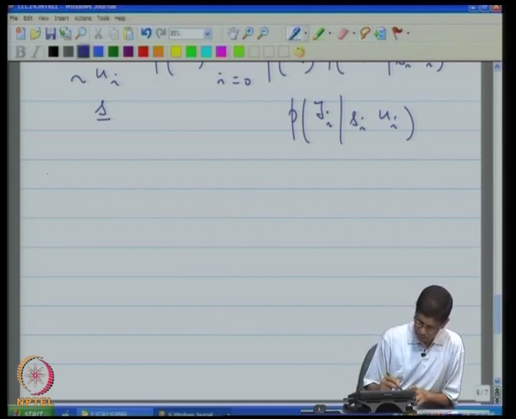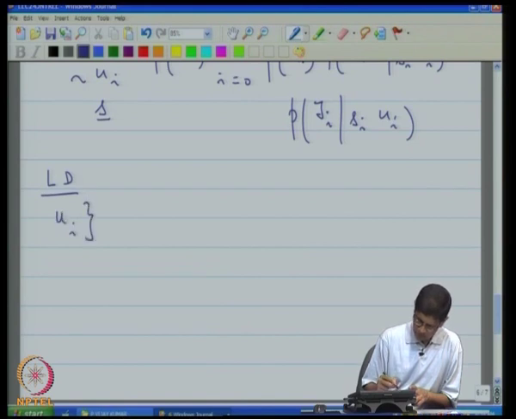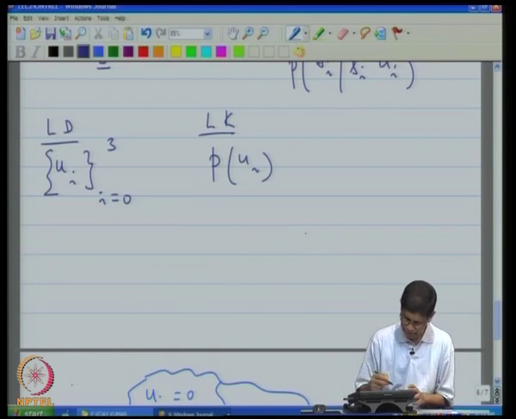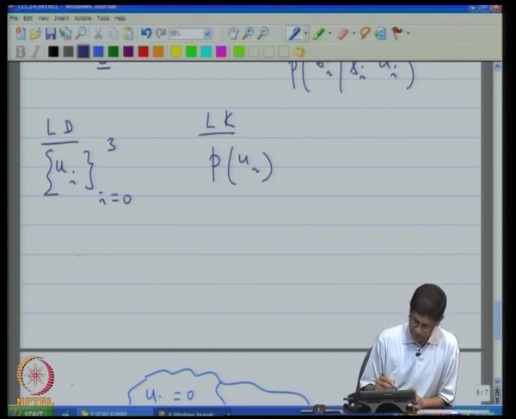So, the local domains are, in this case, the ui, i going from 0 to 3, with associated local kernels p of ui.